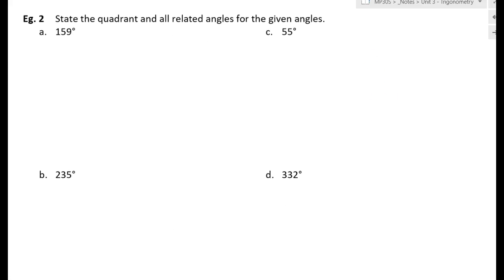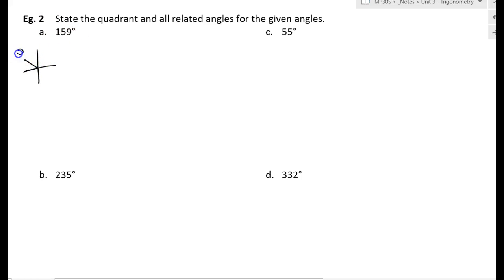Here you're given the angle and you're asked to draw them. State the quadrant and the related angles. Okay, so actually you don't need to draw them, but I always like to, just to get my head around it. It helps me think about the quadrant. This is between 90 and 180, so that's going to be in quadrant 2. Just in case I was questioning it, I could measure it out.